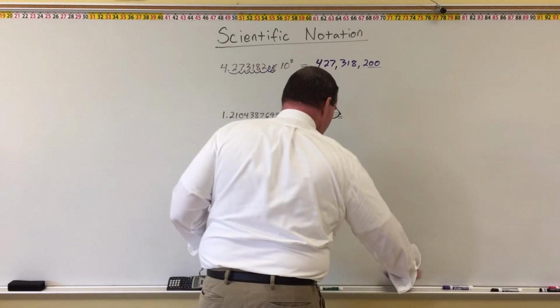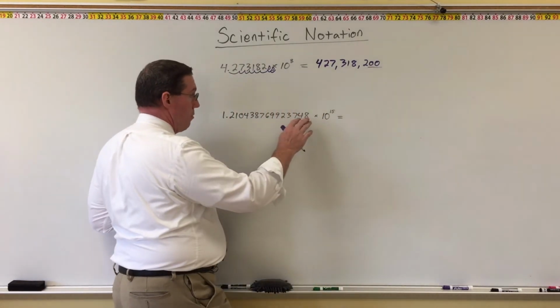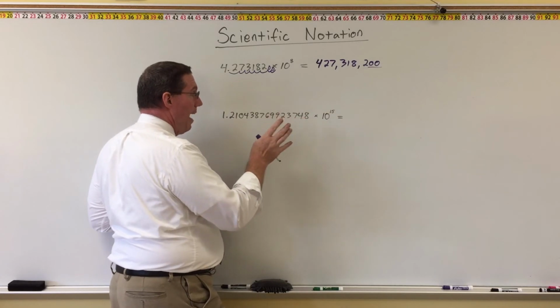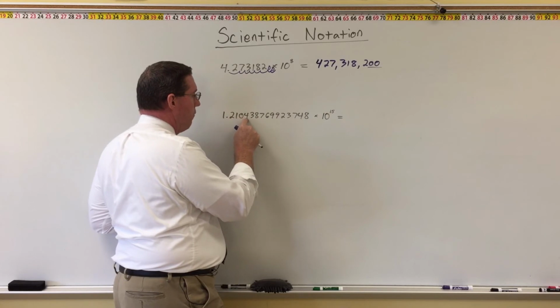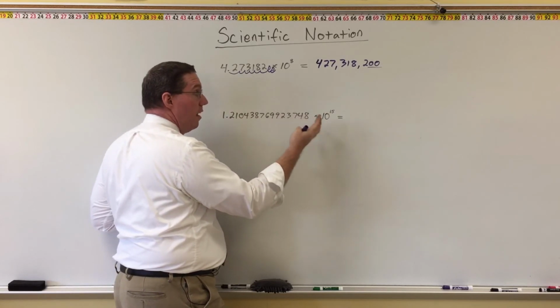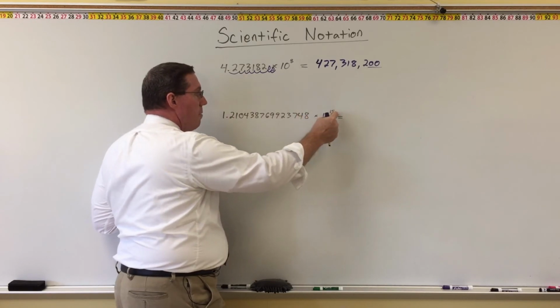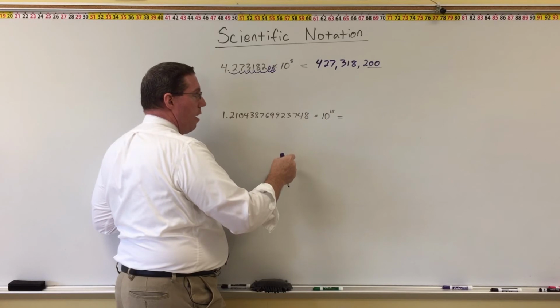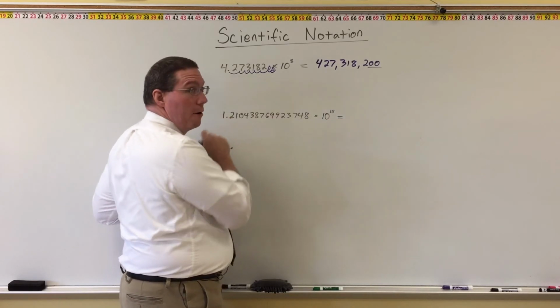What you're going to do is you are going to write all these numbers out, okay? But also you want to count how many digits are after the decimal. See, we have 1, 2, 3, 4, 5, 6, 7, 8, 9, 10, 11, 12, 13, 14, 15. That's perfect. If the number of digits is the same as your exponent, then all you have to do is write all the numbers out without a decimal point.